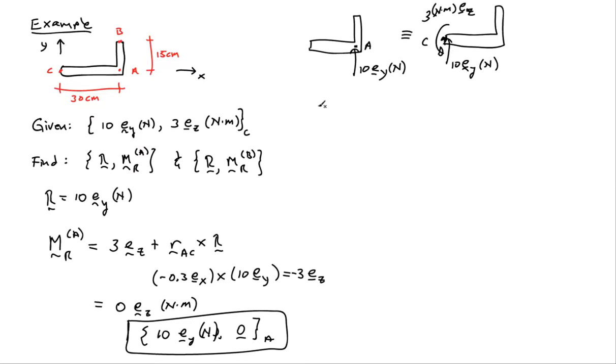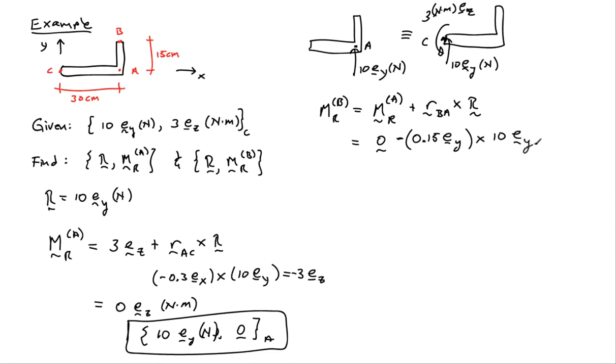We can do the same thing to find the moment relative to point B, and we can go ahead and do that starting from our result for point A plus the vector that runs from B to A, cross product with the resultant, and we have 0 for the moment about A, and then we have minus 0.15 EY for the vector that is connecting B to A, crossed with 10 EY.